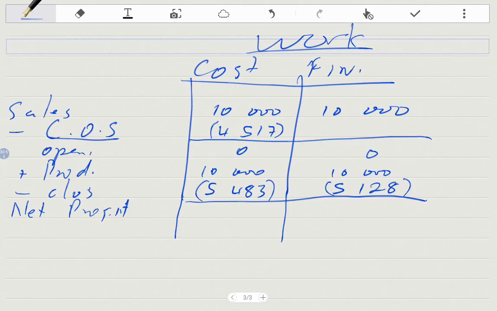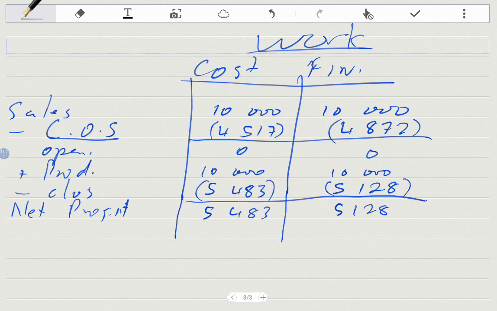On the other side, 10,000 minus 5,128. That's going to be 4,872. Then I will simply calculate our profits. So you ended up having a profit of 5,128 on this side and 5,483 on this side. Alright.